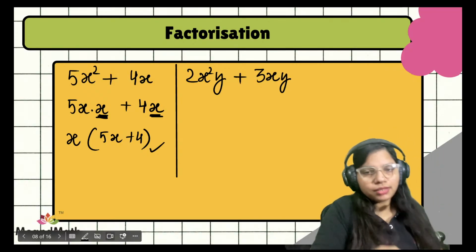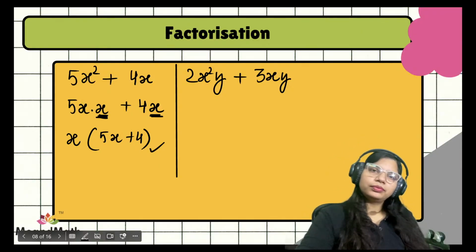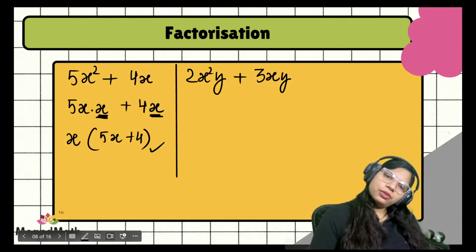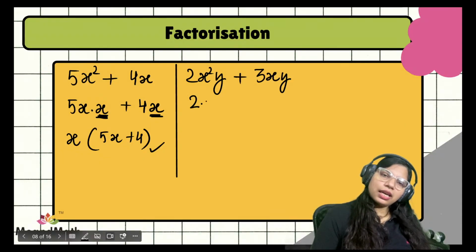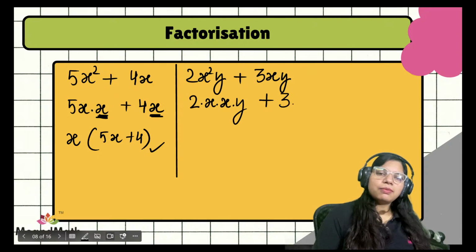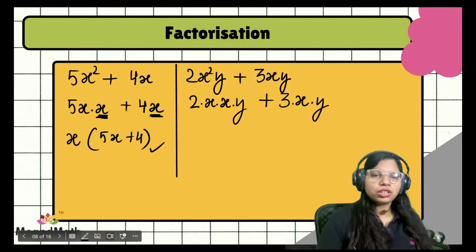Okay, let's do it together. So we have 2x squared y, which can be written as 2 times x times x times y. The next term we have 3 times x times y. Let's underline what's common. Common means it is in both terms.